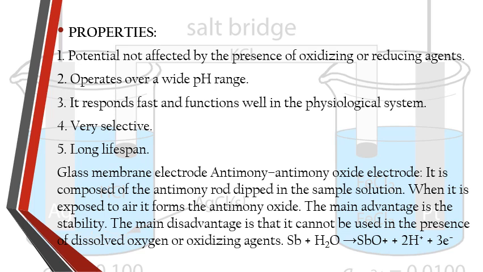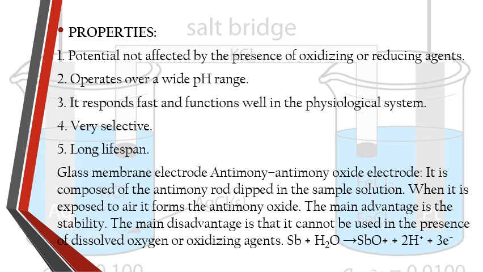The primary disadvantage of this electrode is its susceptibility to interference with dissolved oxygen or oxidizing agents. These substances can react with the antimony oxide, affecting the electrode's performance and accuracy.